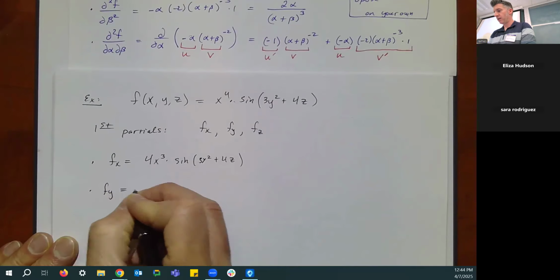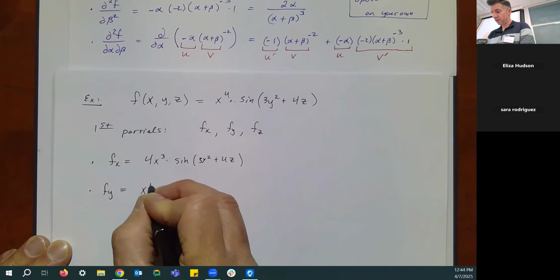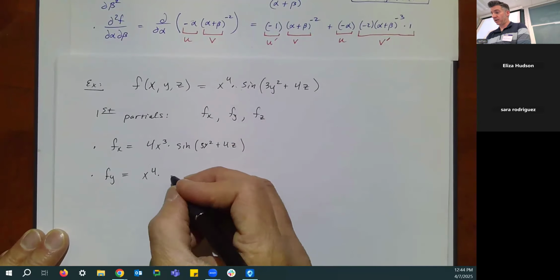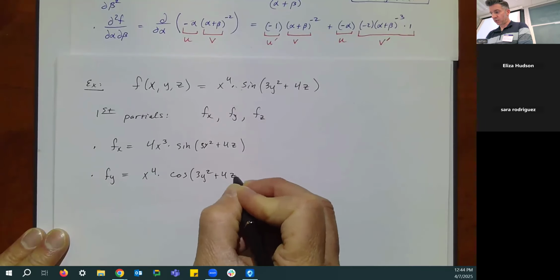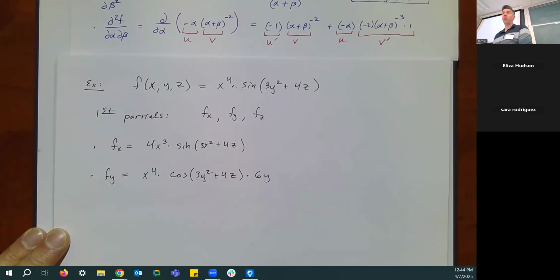Fy, a little different. The x to the 4th is a constant, so it's going to hang out in front. But the derivative of sine of some stuff is cosine of the stuff multiplied by the derivative of the inside stuff, which is going to be 6y plus 0. Right? There isn't any other piece there. It's just 6y.